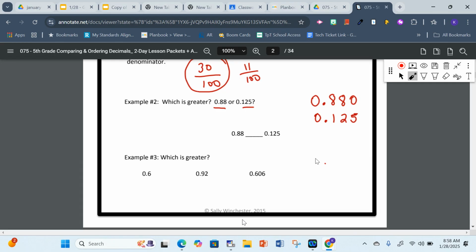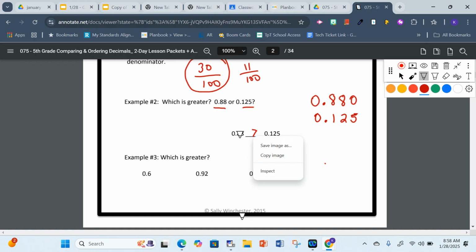Okay. Now, you start at the largest place value, which is ones, and those are zeros. If they have the same number, you move to the next largest place value. What is the next largest place value after ones? Tenths. So we're going to look at the tenths. Between the 8 and the 1, which one is larger? The 8. So we're going to stop because it's larger.